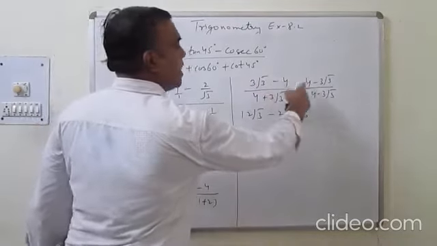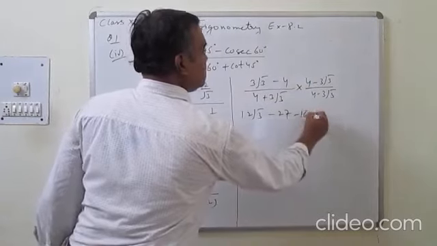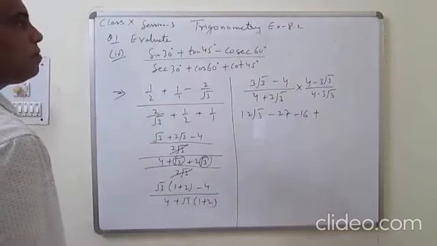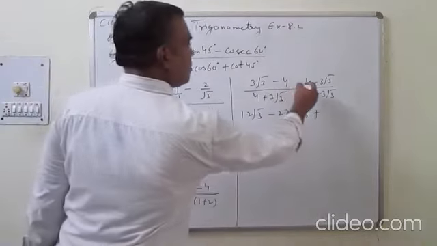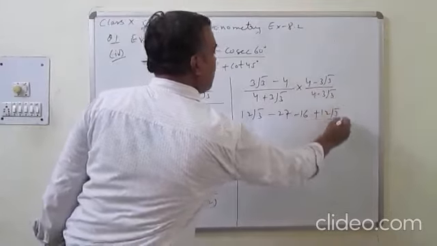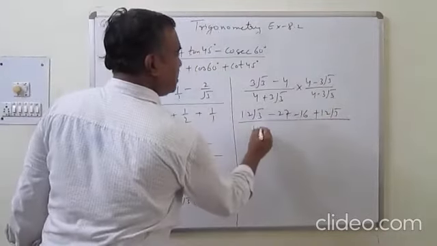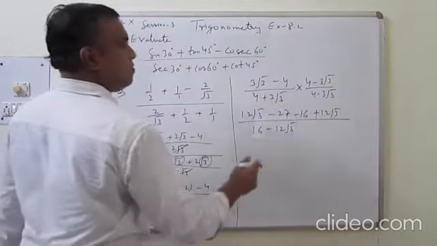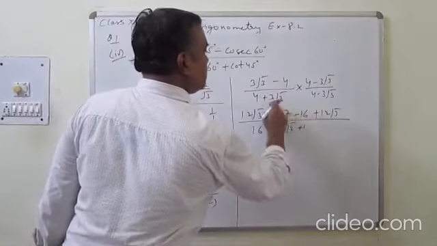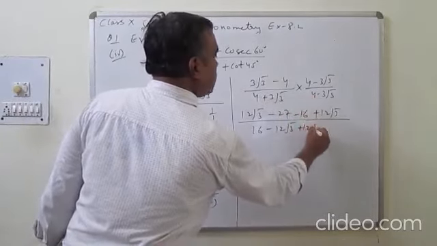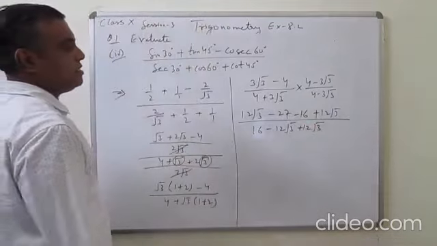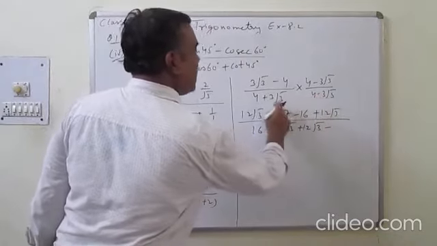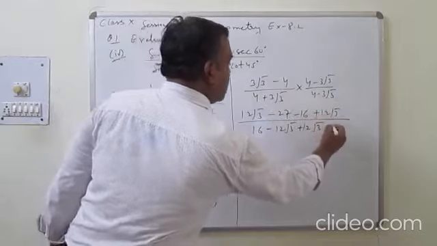Now minus minus is plus. It is 12 root 3, 4 3s are 12, upon 4 4s are 16, minus 12 root 3, plus 12 root 3 cancel out. Minus minus minus, 3 3s are 9, 9 3s are 27.